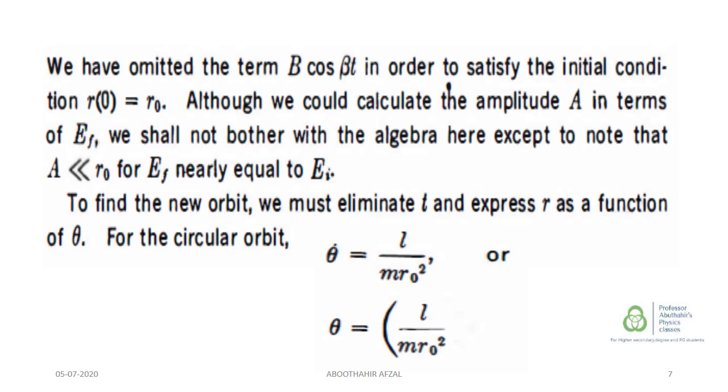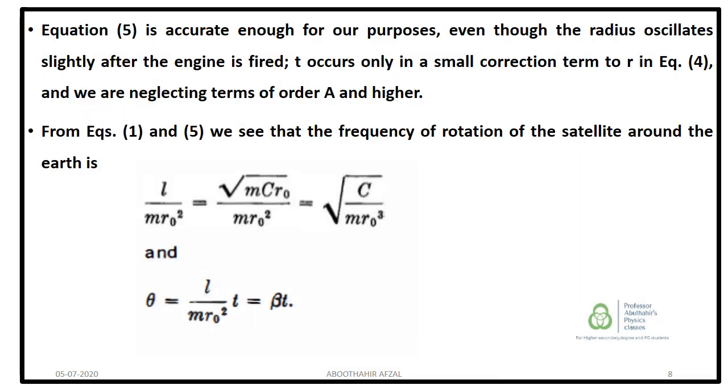So in this case, theta can be found from the next slide. In this equation, this is enough, accurate for our purposes. The radius oscillates slightly after the engine is fired, in a time which is very small, and we are neglecting higher order terms.